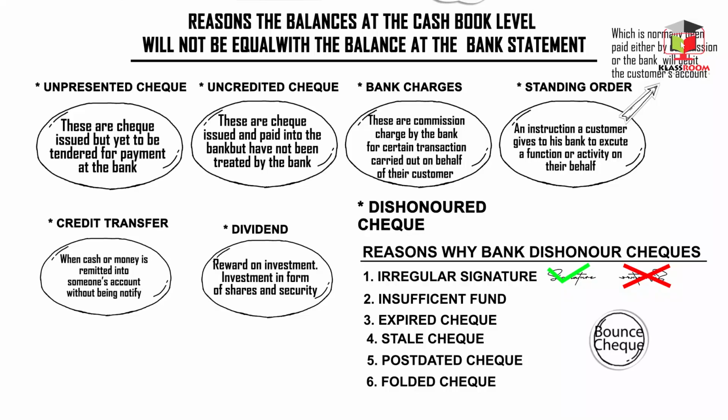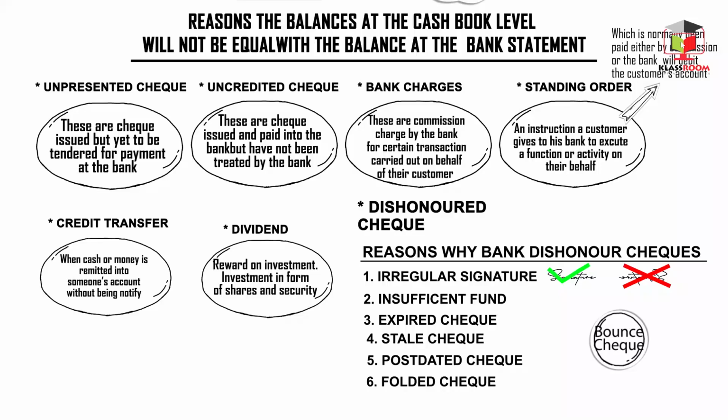Another reason for a check being dishonored is the expired check. A check issued to be paid for today, for instance, may probably not be taken to the bank for payment and probably be taken 2 or 3 days after. Such checks may be rejected by the bank. They will also have a stale check, and a post-dated check.